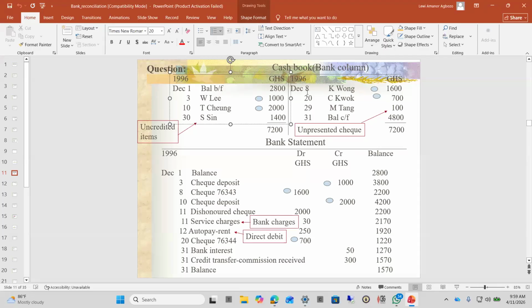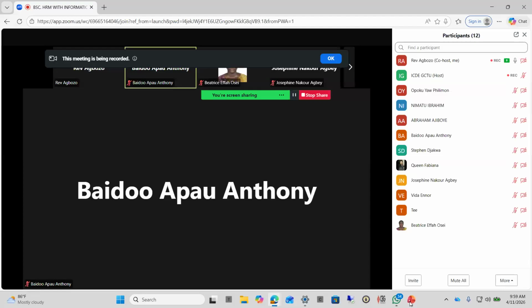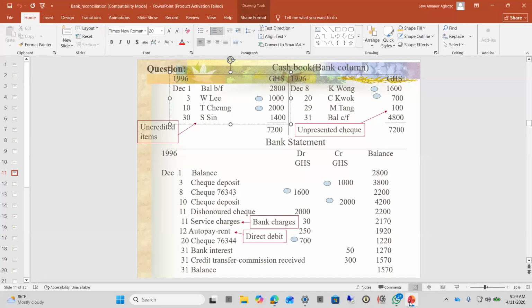I want one person to read what is in the cash book. Is Stephen there? Can Stephen read what is here? Stephen, are you in the class? Sir, I'm here. So read what you see in the cash book for us.